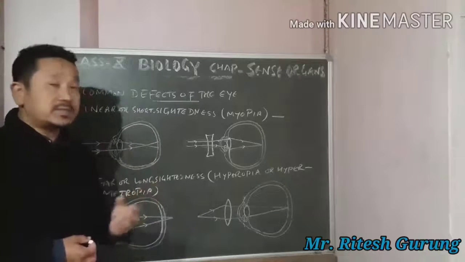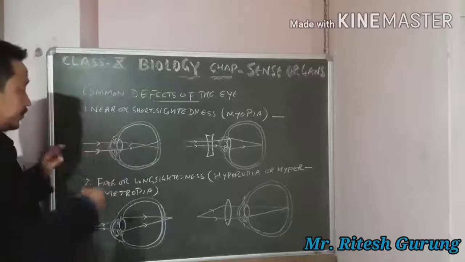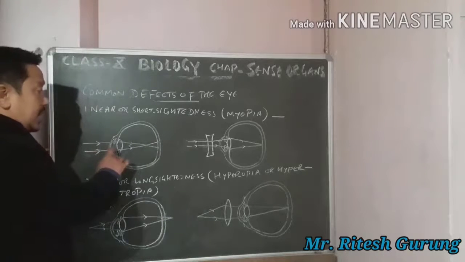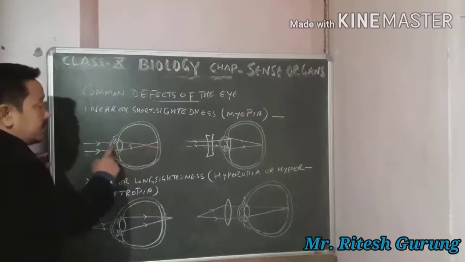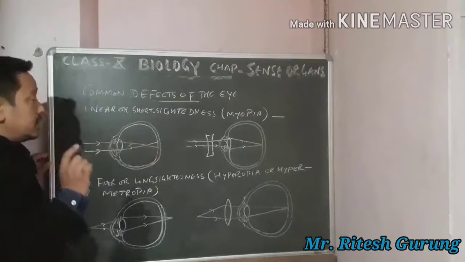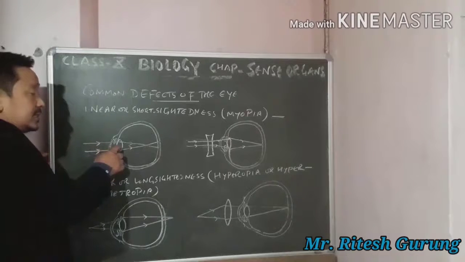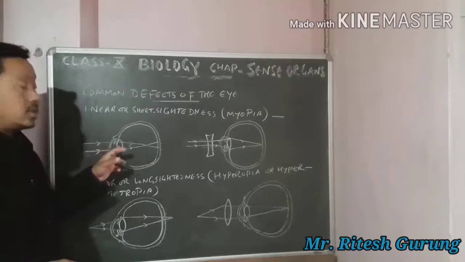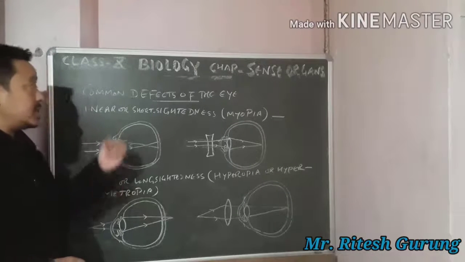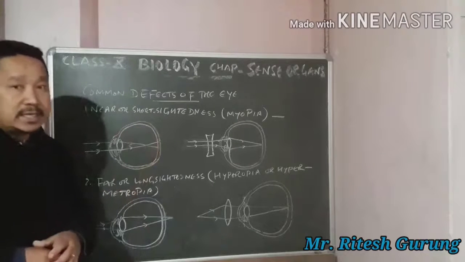That's because of mainly 2 reasons. They are, number 1, the eyeball is lengthened from front to back, and number 2, the lens is too curved. Because of these 2 reasons, near or short-sightedness or myopia takes place.